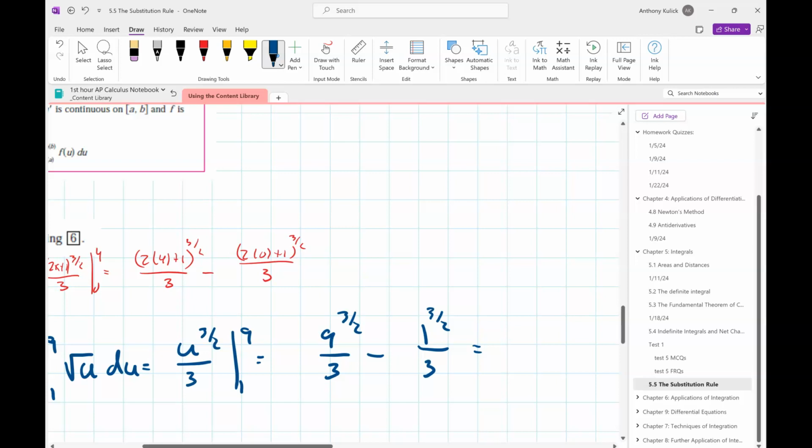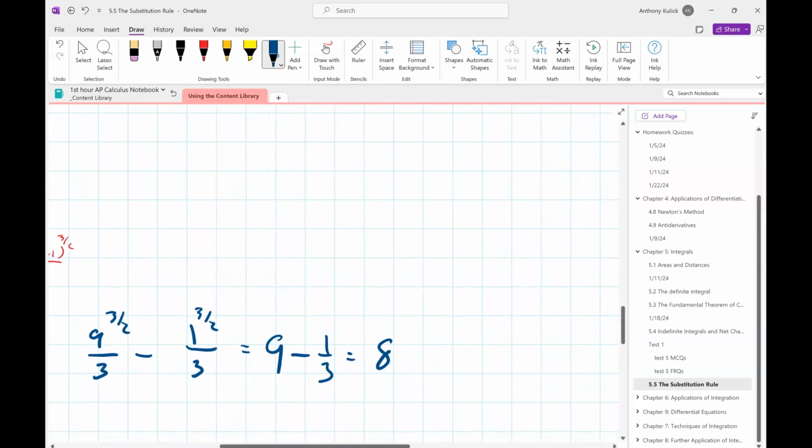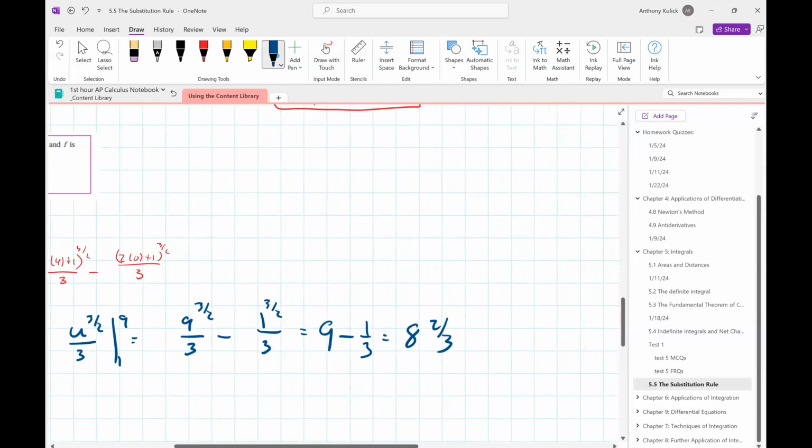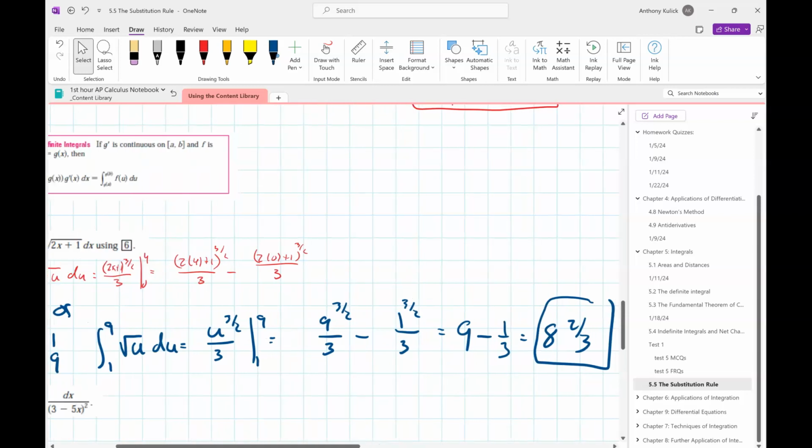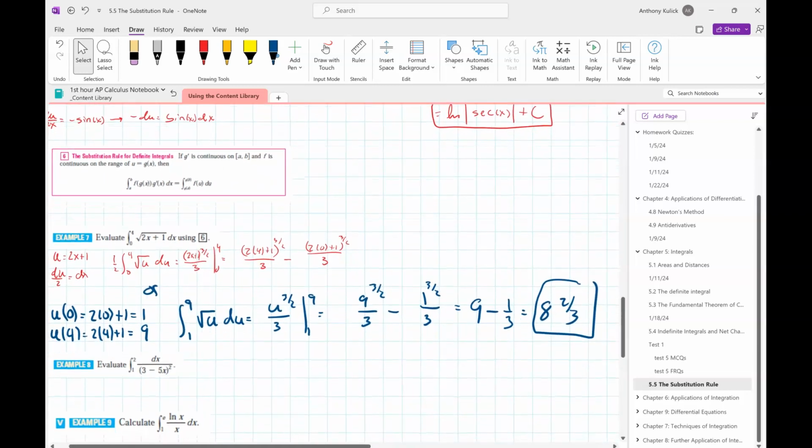Square root of 9 is 3. 3 to the third is 27. Divided by 3 is 9. Square root of 1 is 1. 1 to the third is 1 over 3. That's like 8 2/3. And the yuckier your u is, the better deal updating your bounds of integration at the start is, particularly if it's a no calculator problem. You'll often be quite well rewarded in knocking down some of the pain in the butt calculation by doing that.